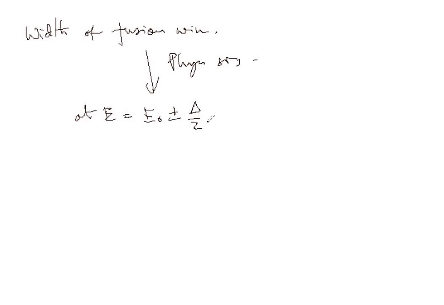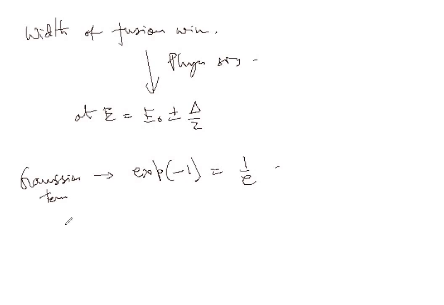Then at this value, the Gaussian term becomes exponential minus 1, or 1 by e.